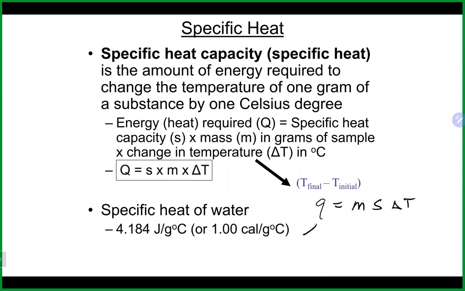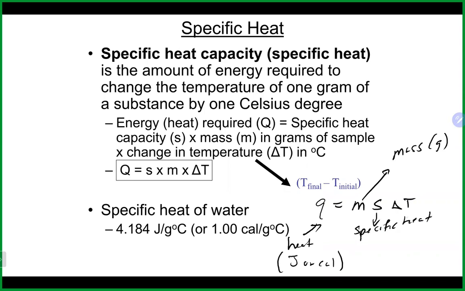Q is heat, our energy. It is usually in units of joules or calories. M is mass, which is typically in units of grams. S is our specific heat capacity, which is in units of joules per gram per degree Celsius, or calories per gram per degree Celsius.